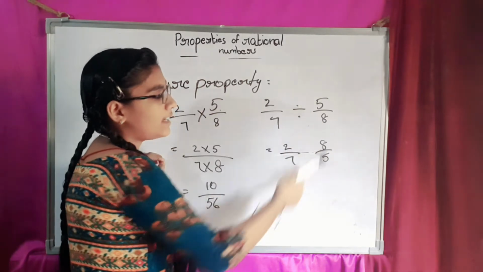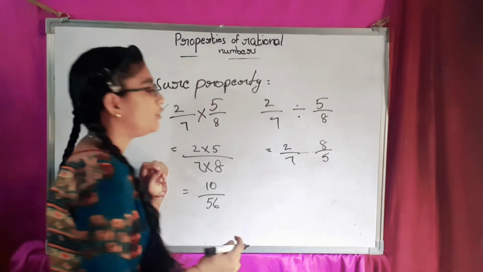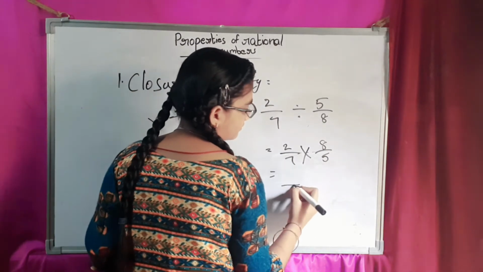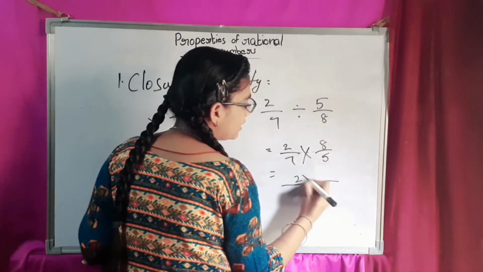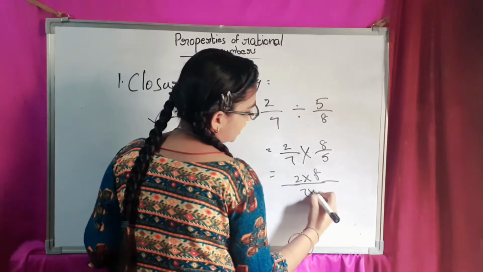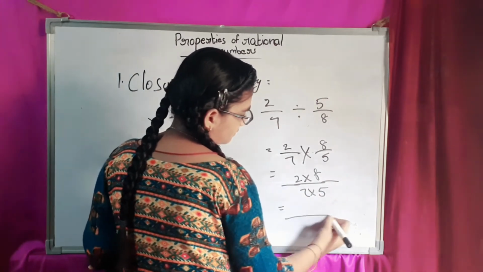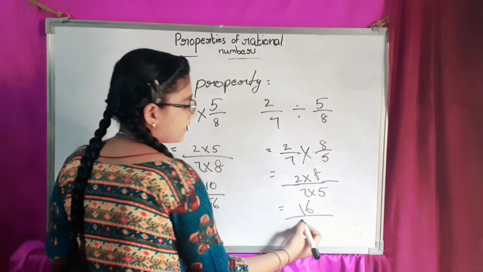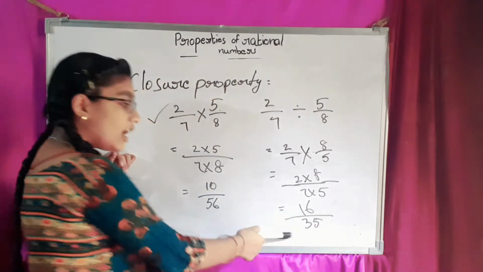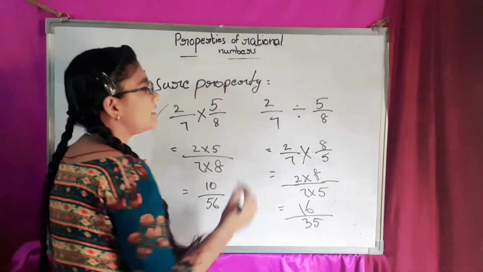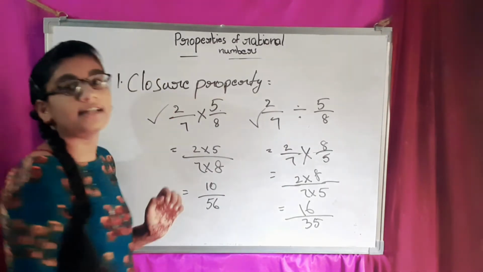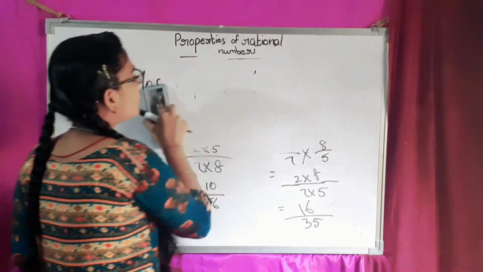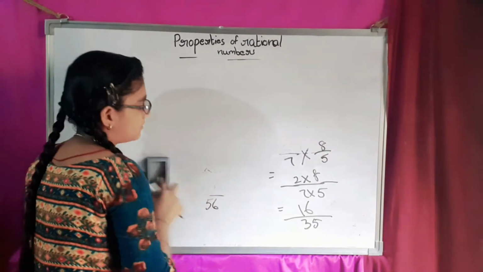Now that it is reciprocal, we do multiplication: 2 into 8 by 7 into 5. 8 2s are 16, 7 5s are 35. This is also a rational number, so division is also satisfied. The closure property is ended.